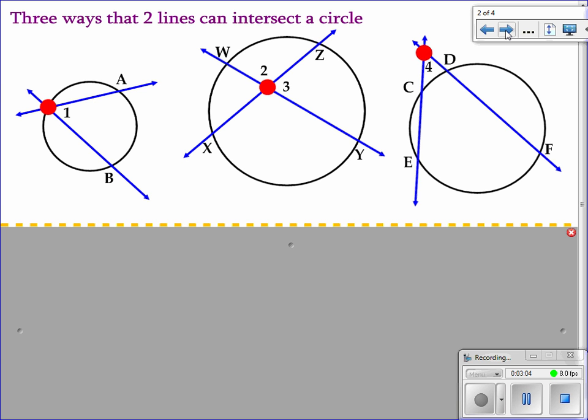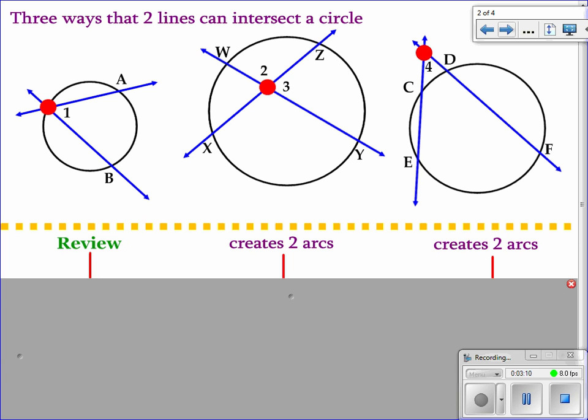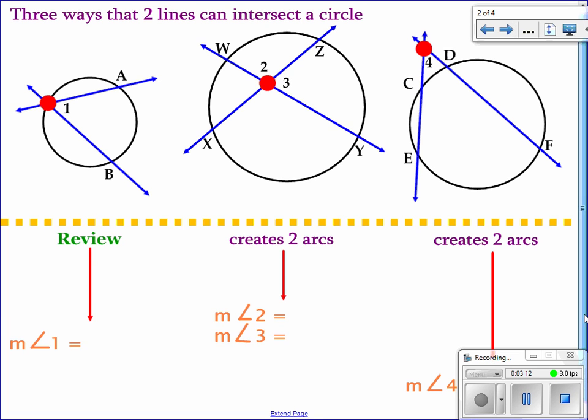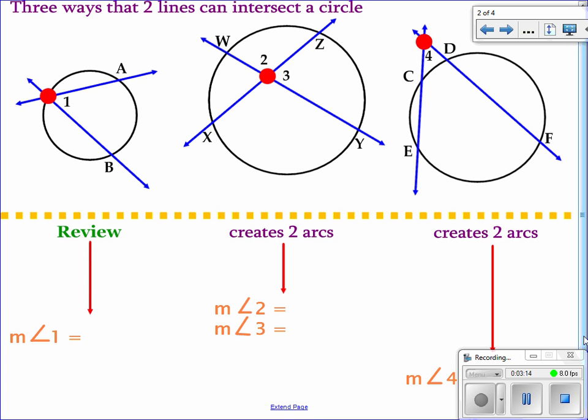Okay, and there's some arc measure and angle measure relationships that happen when that happens. So looking below here, we have our formulas. So this is review. The measure of angle 1 is going to be what? Half of whatever the arc is. 1/2 the measure of arc AB. We already know that. Okay, that's what we were basically just reviewing on the last page.